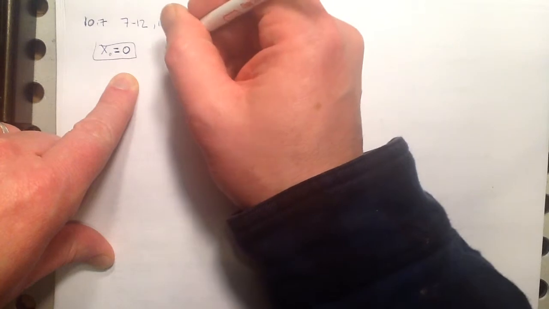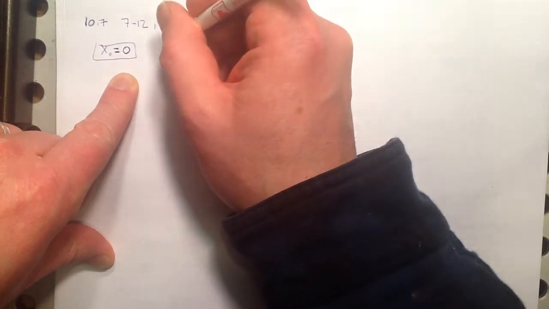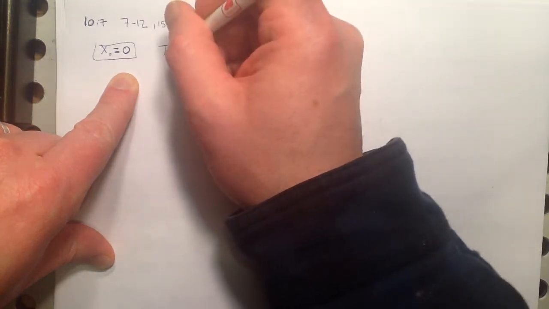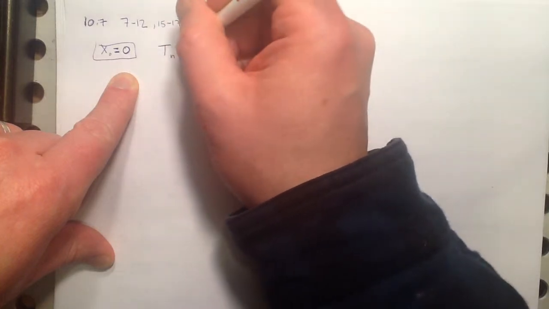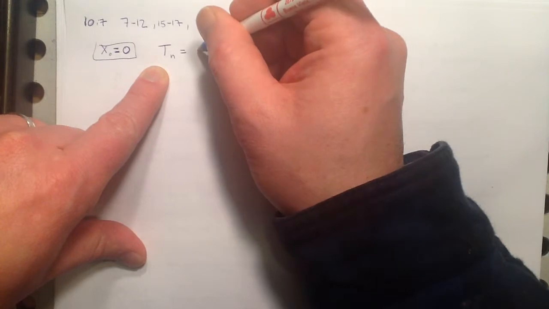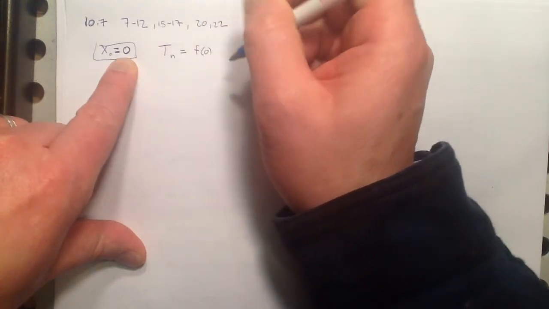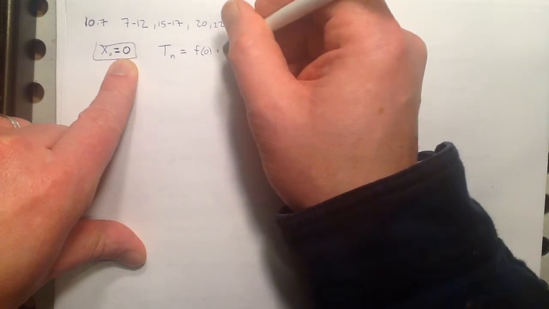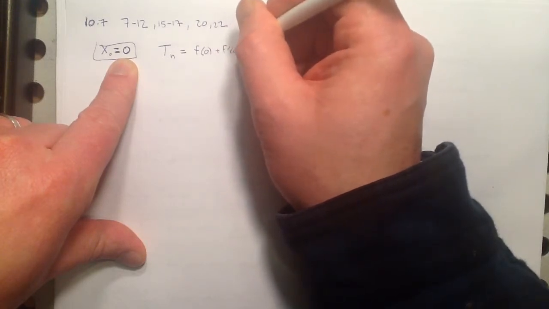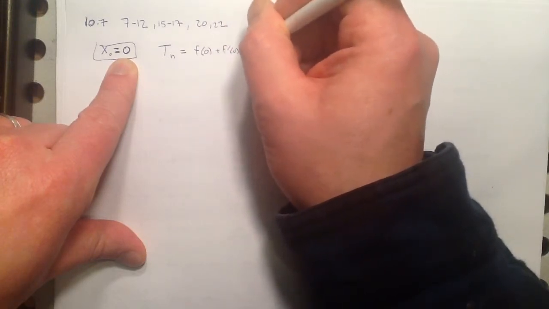And I'm going to go ahead and write out, we know that the nth Taylor polynomial is equal to the function evaluated at 0 in this case, plus the derivative at 0 times x.